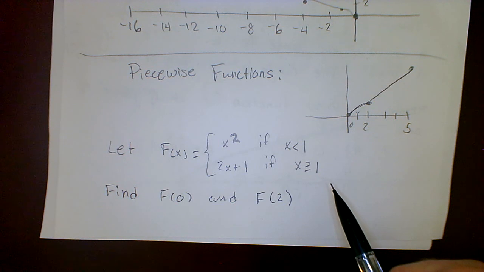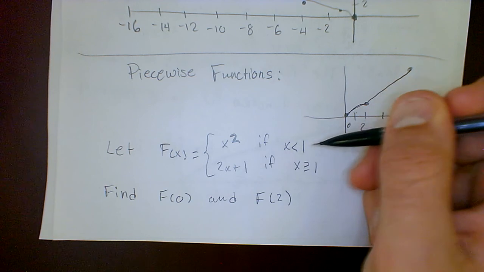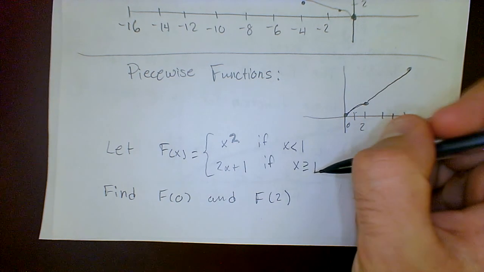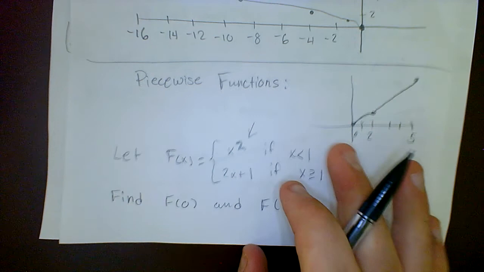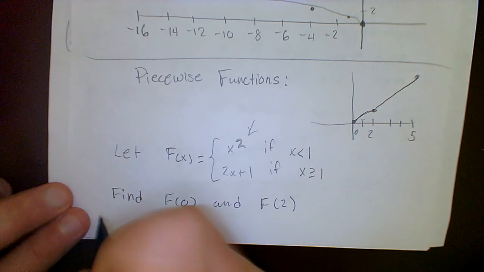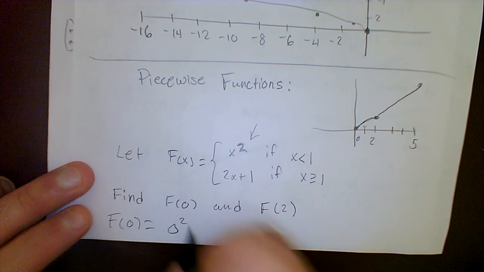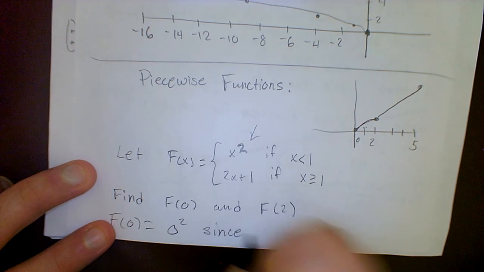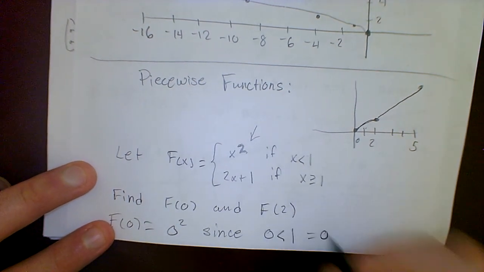So I have to look, is 0 less than 1 or is 0 greater than or equal to 1? Well, 0 is less than 1, so I should use this definition here. So f of 0 is equal to 0 squared, since 0 is less than 1. So equal to 0.